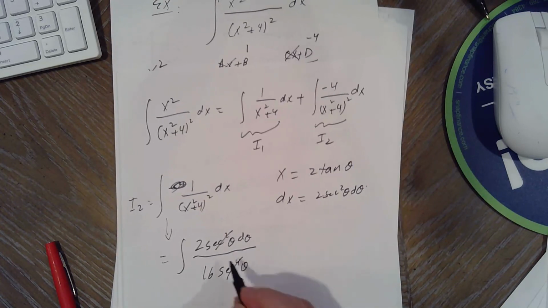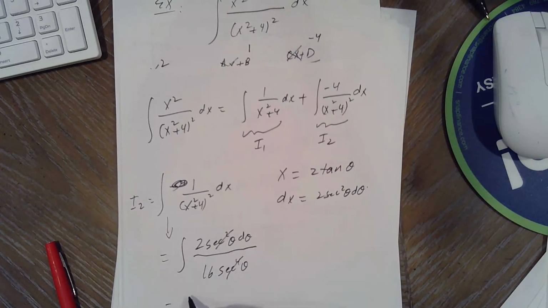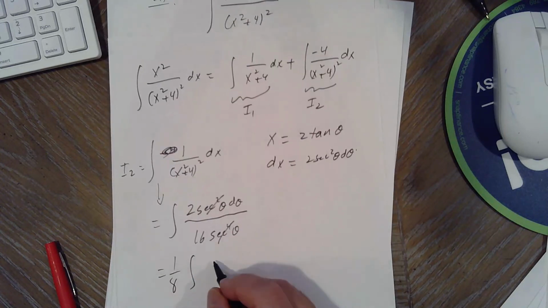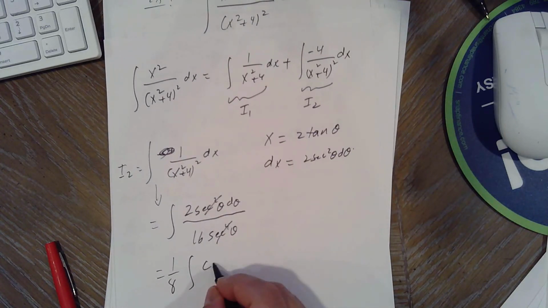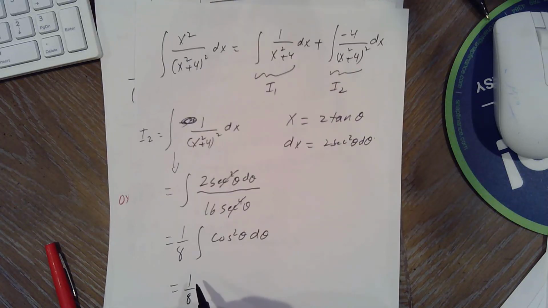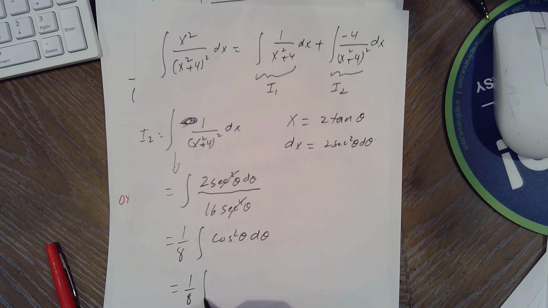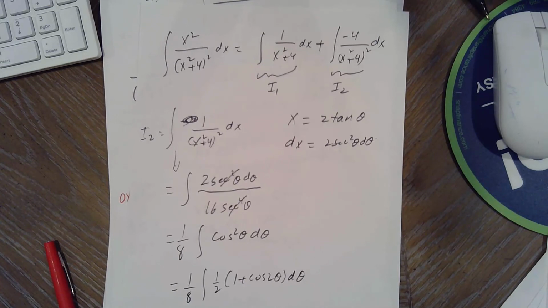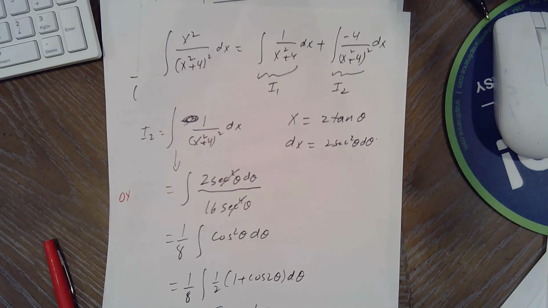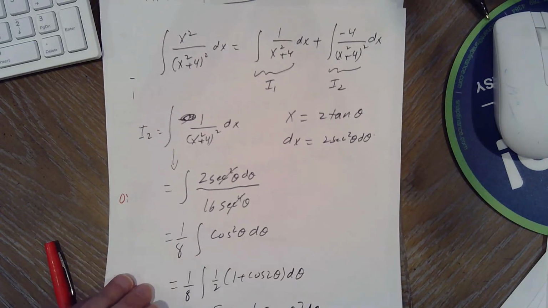That cancels this guy out, and 2 over 16 is 1/8, and 1 over secant squared is cosine squared theta. And cosine squared, remember we change it into the double angle, so we get 1/2 times (1 plus cosine 2 theta), which is 1/8 times (theta plus 1/2 sine 2 theta) d theta.